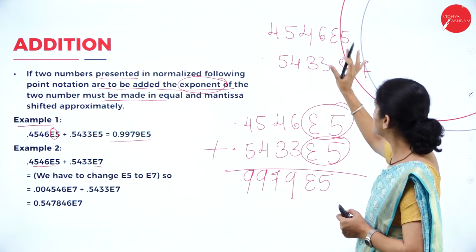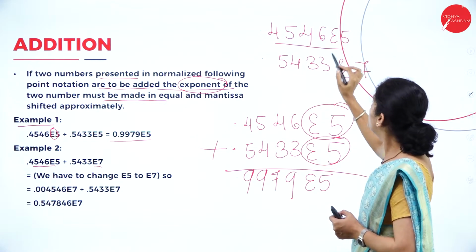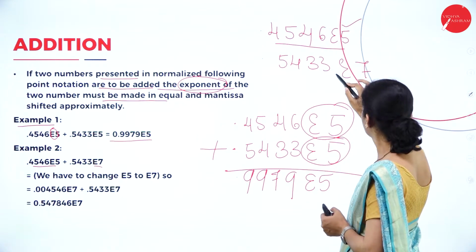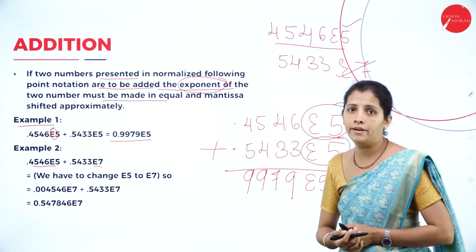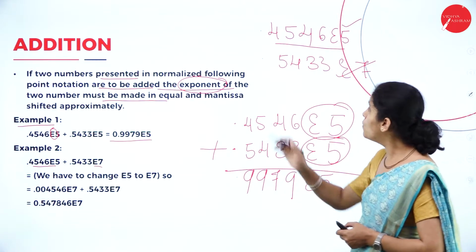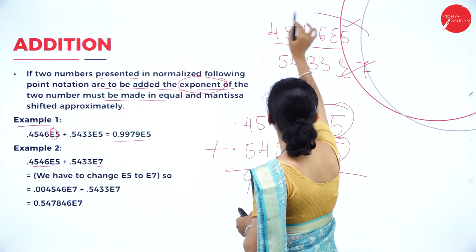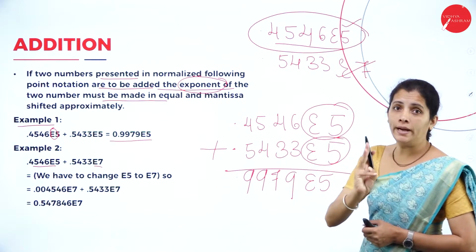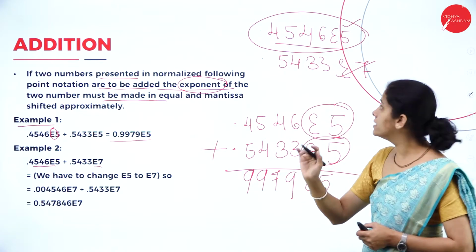If I consider the exponents, my first exponent is 5 and the second one is 7. To make it 7, I'm going to shift 2 digits towards the right.